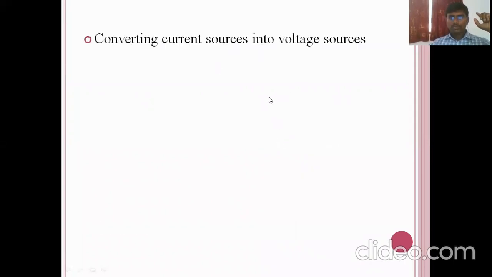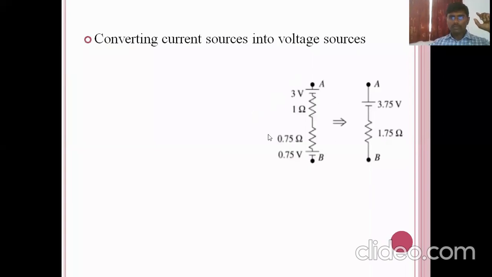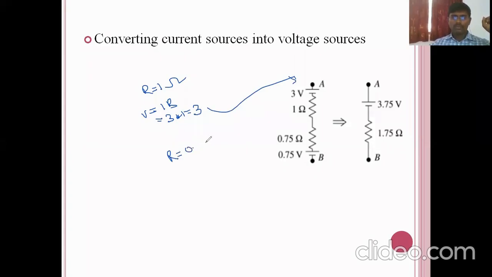Now convert the current sources into voltage sources. That gives the first one 3 volt, 1 ohm, where the resistance R is equal to 1 ohm. And V is equal to I into R. Here R is equal to 0.75 and I is equal to 1.